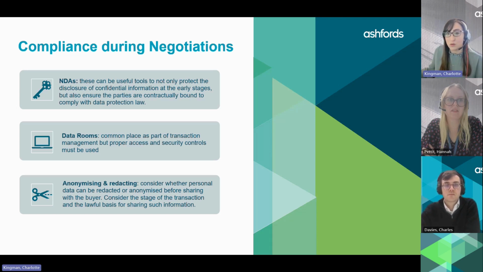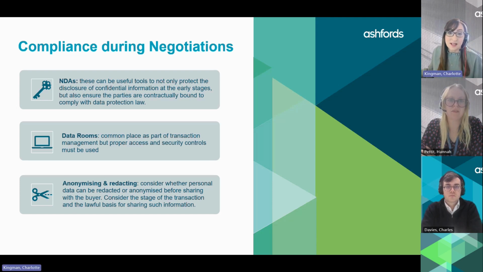Generally they're all used for the same type of tools, but controllers are being encouraged now to adopt this as a default solution for protecting data as part of their day-to-day course of business. So it might be easier to implement from a practical perspective if it's something you're already doing with the data that you have in the business. Again, this helps to reduce the risk to data subjects and helps to demonstrate that controllers and processors are meeting their data protection obligations, particularly around the principles of integrity and confidentiality.